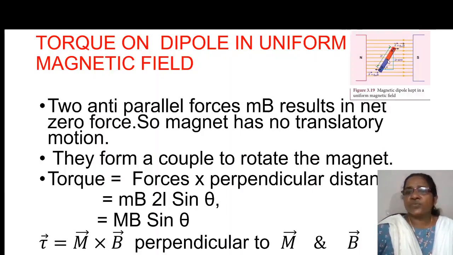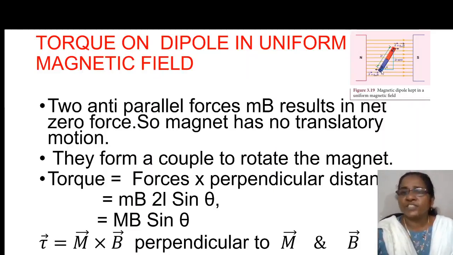Instead of that, it will rotate due to a couple. Why is a couple formed here? The lines of action of these forces are not coinciding. If they were coinciding, they would cancel. But as the lines of action of these anti-parallel forces are not coinciding, these two forces will form a couple, and it will try to rotate the magnet in this magnetic field.